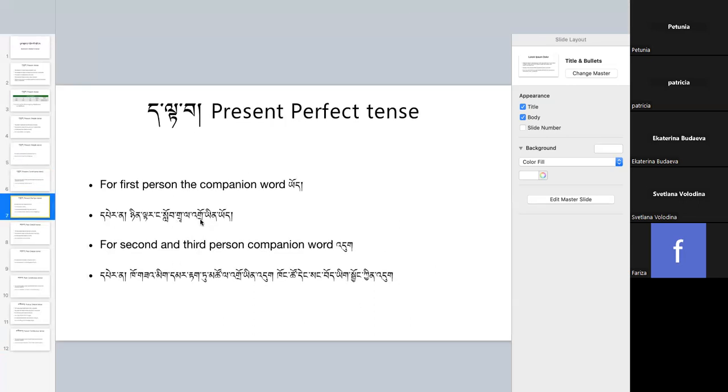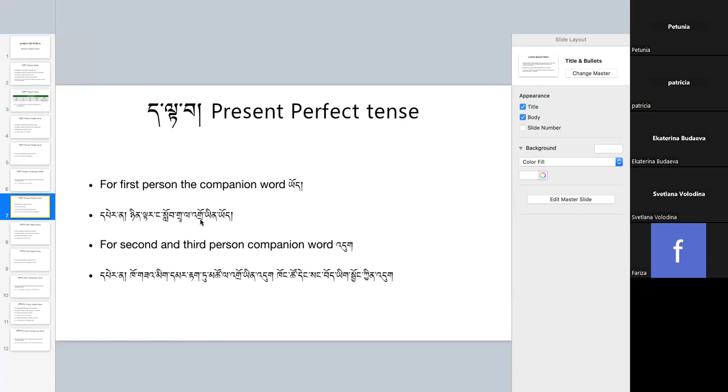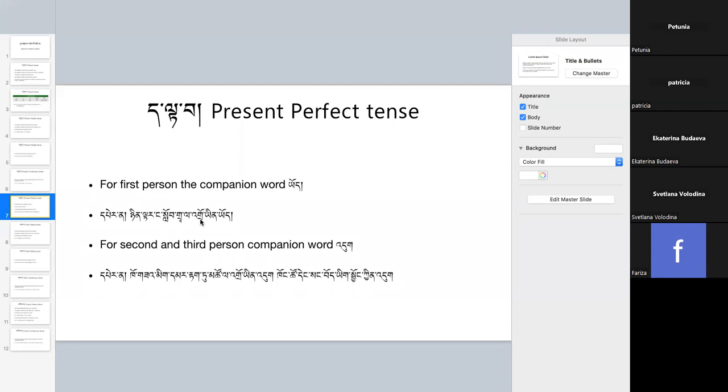If the verb is present, then it's present tense. If the verb is past, it's the past tense, the spelling. If the verb is of the future tense, then the spelling will be of the future tense. And if the verb is of the imperative tense, then it will have the spelling of the imperative tense.